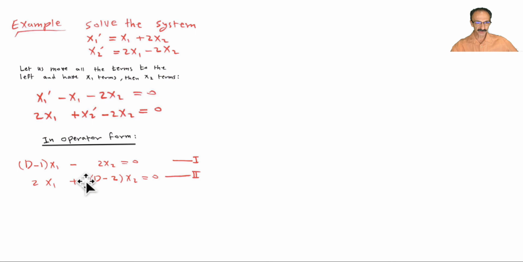This D minus 2 has to be here to have them equal, opposite but same amounts. So I'm going to multiply the first equation by D minus 2, and multiply the second one by 2 because I'm missing the 2 times 2.